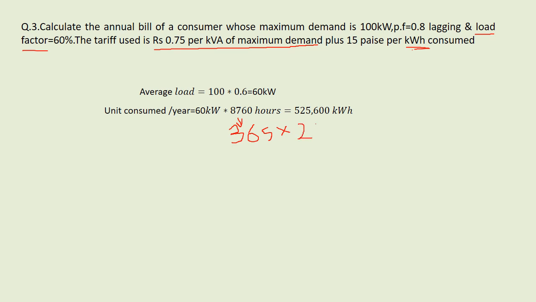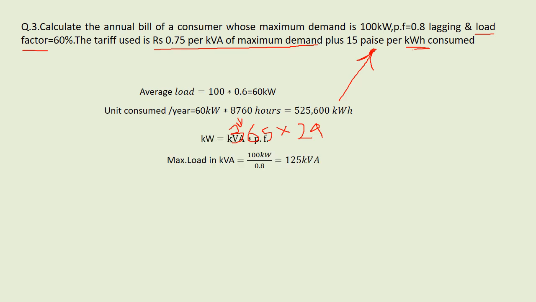So your total energy consumed for the year is 525,600 kilowatt hour. We have to pay for this at 15 paisa per kilowatt hour, but the other part is the kVA of the maximum demand.